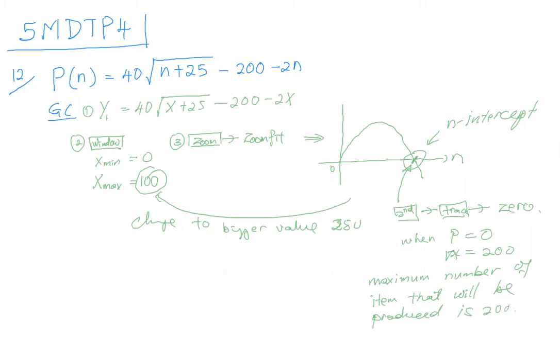Will this company produce more than 200? No, because if you produce more than 200, for example 220, P will be less than 0. Instead of running at a profit, you are at a loss.